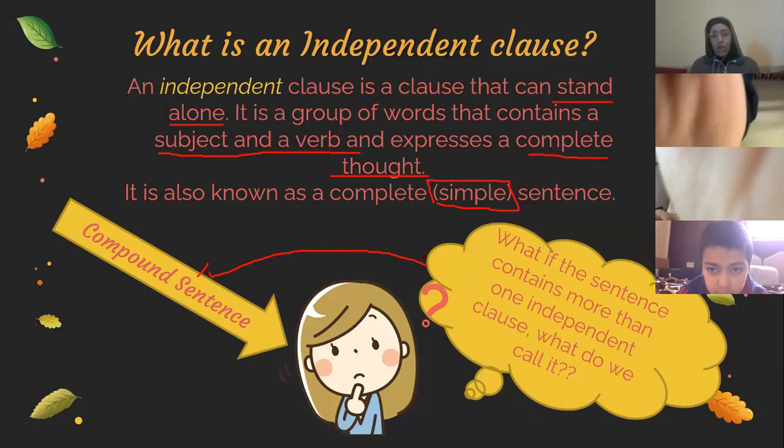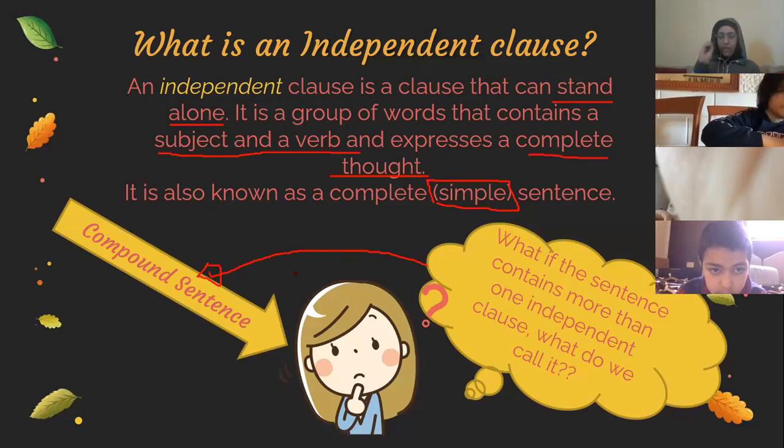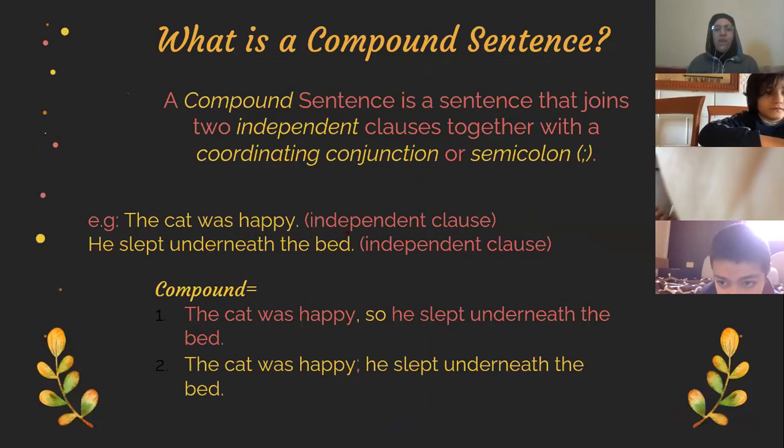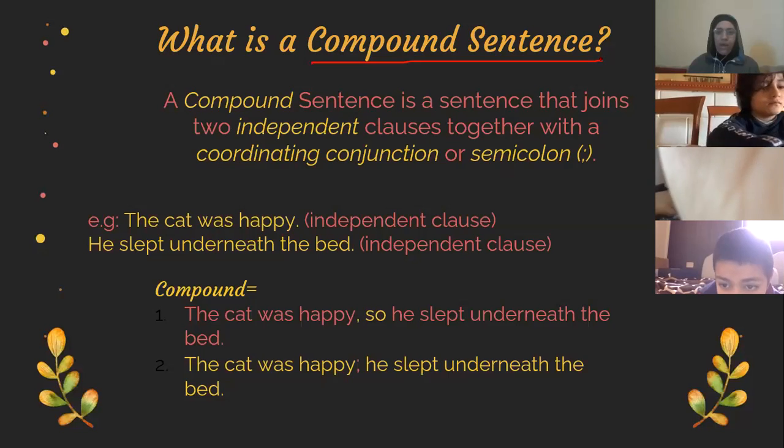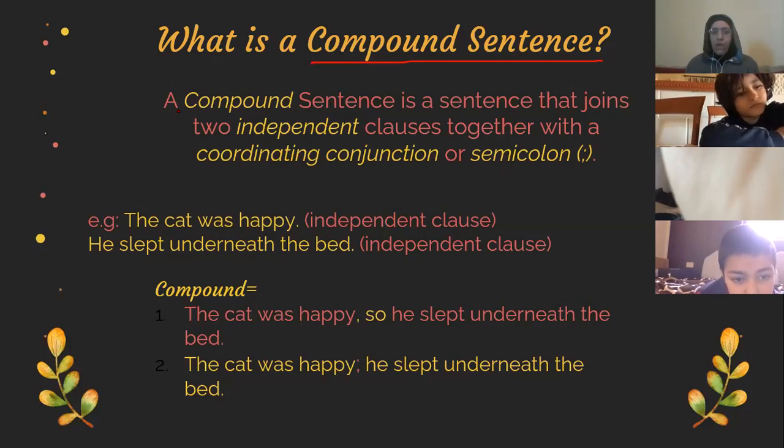What do I call it? Compound sentence. But for sure, I have certain rules that I should follow in order to make a correct compound sentence. What are these rules? I'm going to explain them now in the lecture.